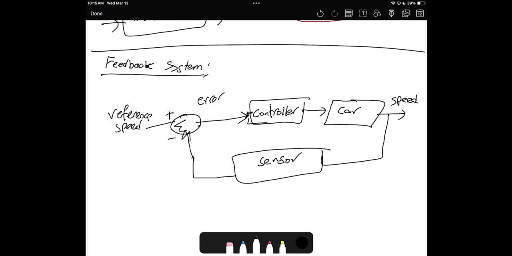When you press the cruise control, set speed 70 miles per hour, and your current speed is 60 miles per hour, the cruise control will monitor the speed with the sensors. Then it will press more fuel until making the error 0. Then it will maintain a constant speed. Okay, that's an example of a feedback system.